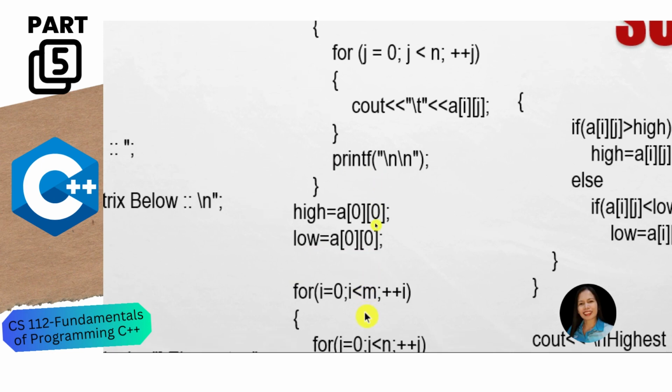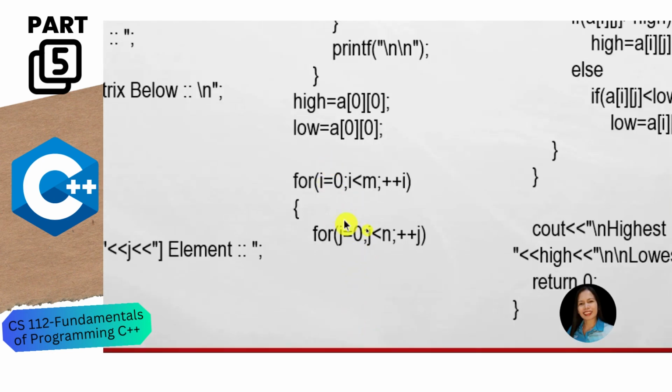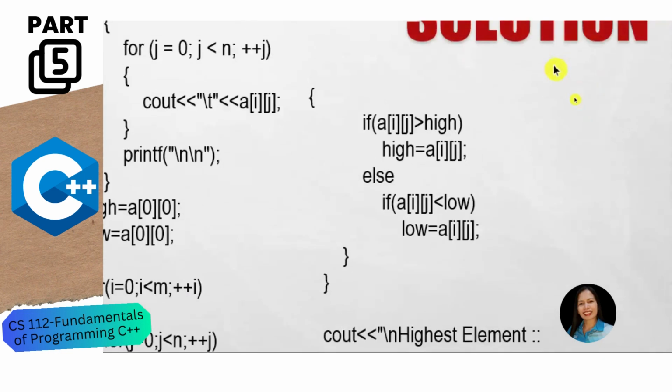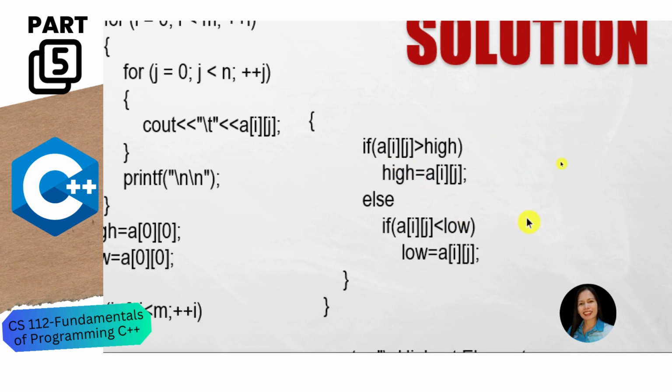So it will iterate here and check one by one. Same process, try to compare from our row, and then for our column. Here you need to have the condition, the comparison between the row and the column. All the elements will be compared, and then we need to assign it, identified one by one.